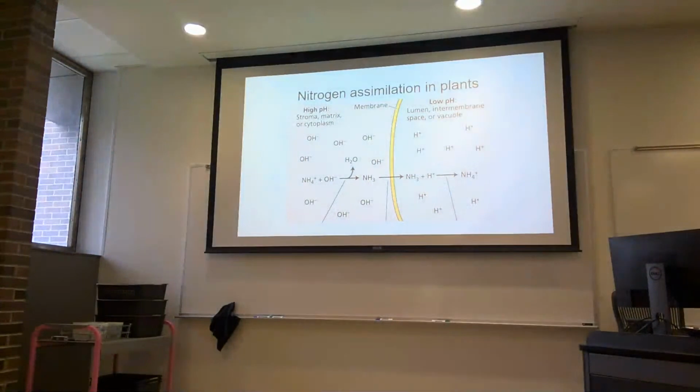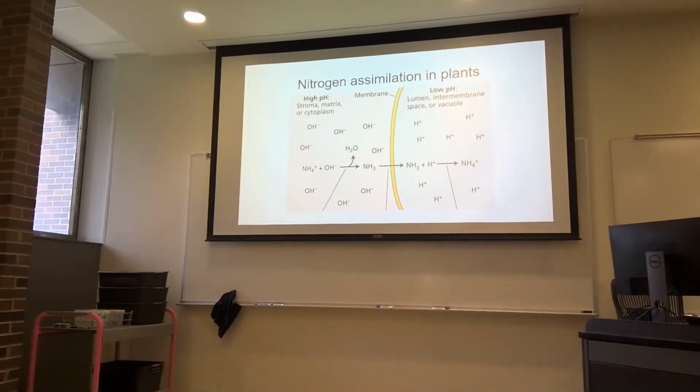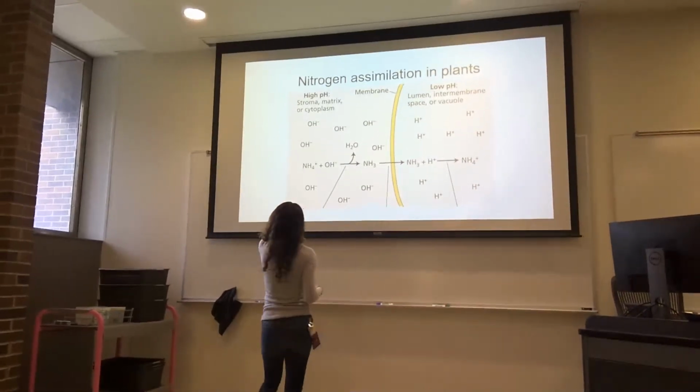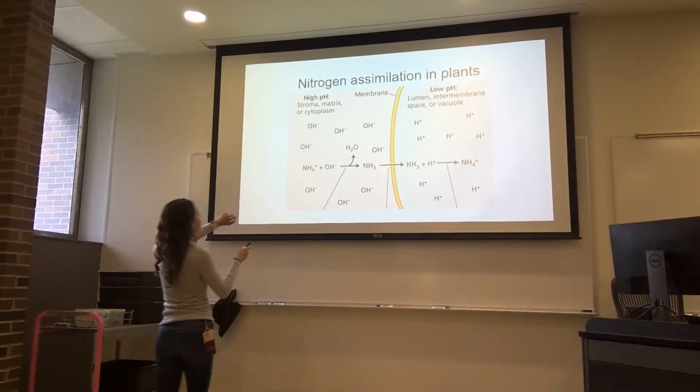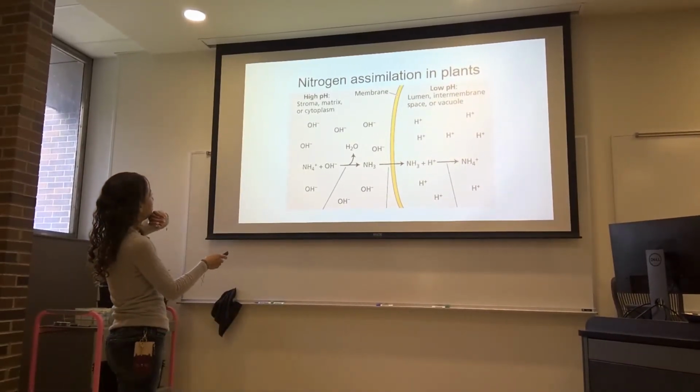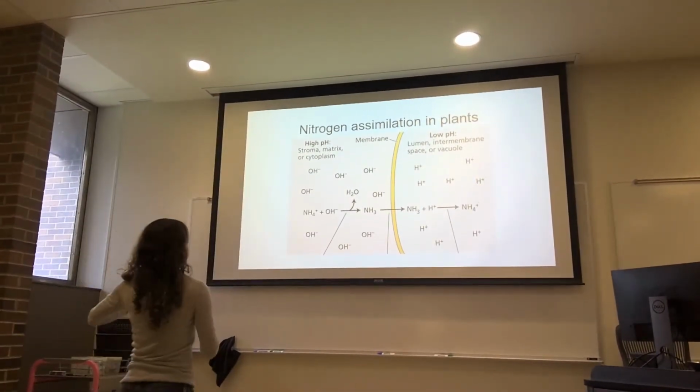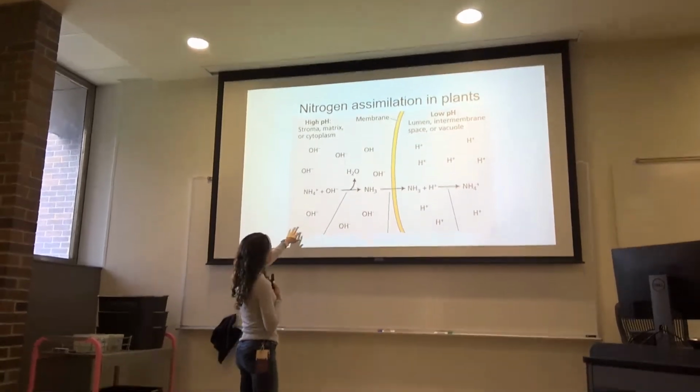So what happens with ammonium is, this is the lumen space, the cytoplasm. This is basically what's happening in the cytoplasm, right?